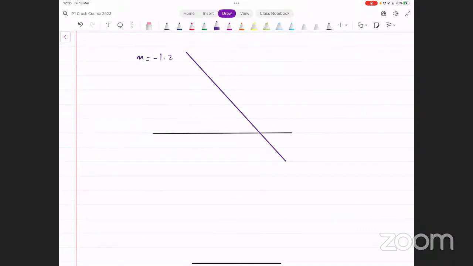Now, what's the formula? Remember, we're looking for this angle. Let's say this is theta. What's the formula that we use here? Tan theta equals the gradient. Now, we can say tan theta equals minus 1.2. Just take tan inverse and see what that gives you. This gives you theta equal to minus 50.2.